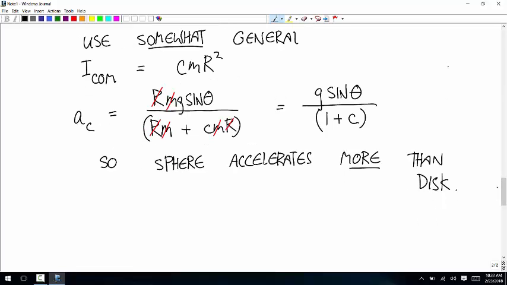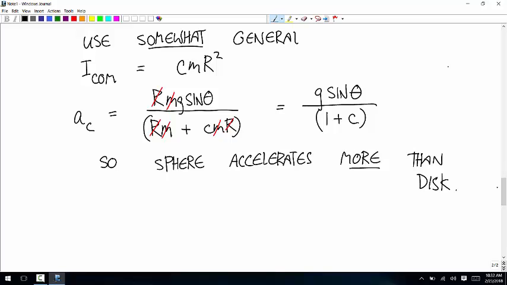Well, it's due to the fact that, if you think of the way mass is arranged around the center of mass, a sphere, because it bulges out in the direction that we're not looking at, manages to get a lot more of its mass close to the center of mass than a disk does.